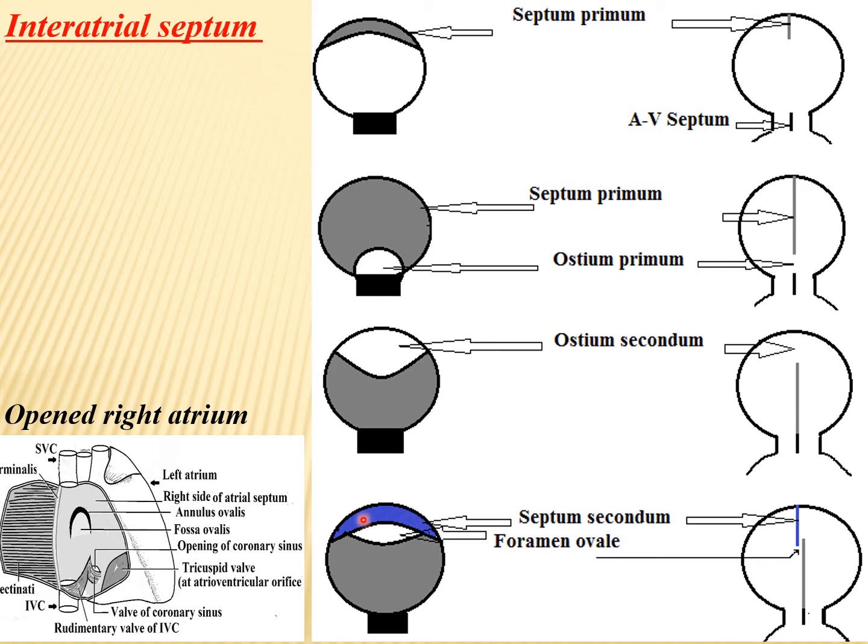It is called septum secundum, or secondary septum, as it is the second septum to appear. As you see, it arises on the right side of the first septum.